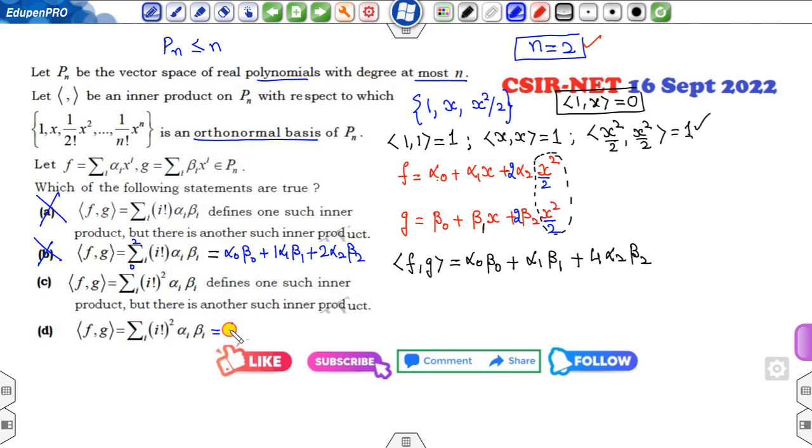Now check whether these are satisfied. i is equal to 0, satisfied. i is equal to 1, 1 square is 1. i is equal to 2, 2 factorial square, that is 4 alpha 2 beta 2. Yes, it's satisfied. Because it's an orthonormal basis, by the Gram-Schmidt process we can get a unique transformation. So D is my right answer.